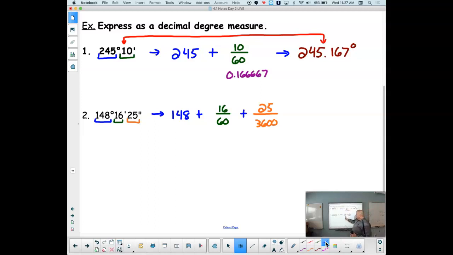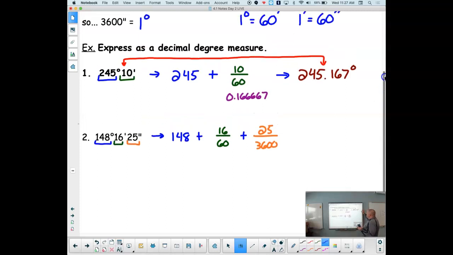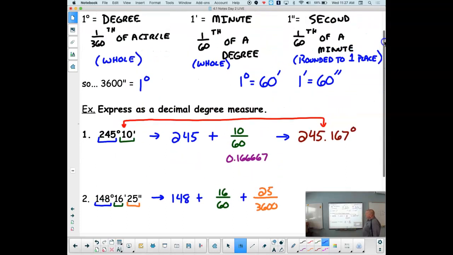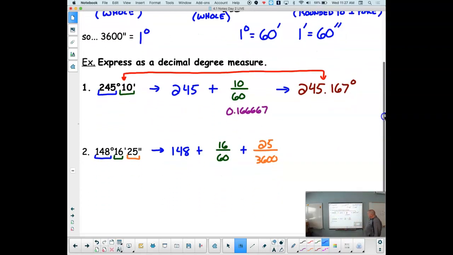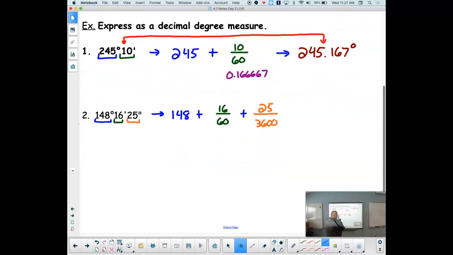So a minute is a 60th of a degree, but 1 second is 1/3,600th of a degree. So we need to divide by 3,600 there. So 16 divided by 60 is 0.26 repeating. 25 divided by 3,600 is 0.00694 repeating.